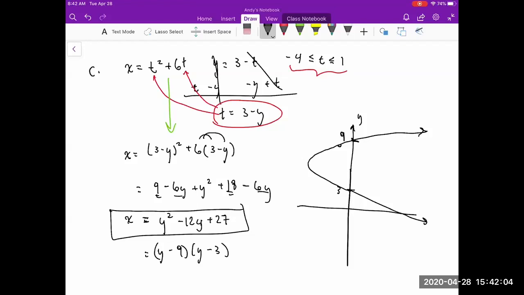So we had y was 3 minus t. So if t is negative 4, then this is going to be 3 minus negative 4, which is 7. So we'll go y is equal to 7.